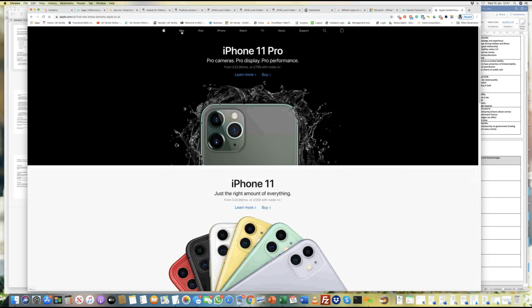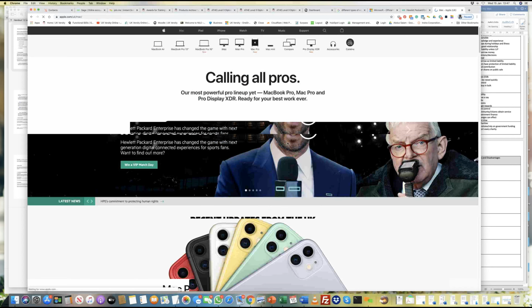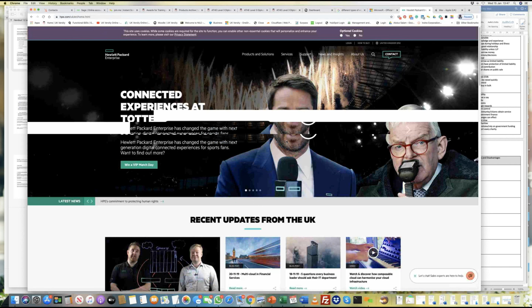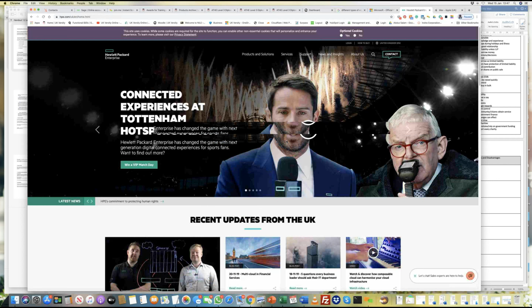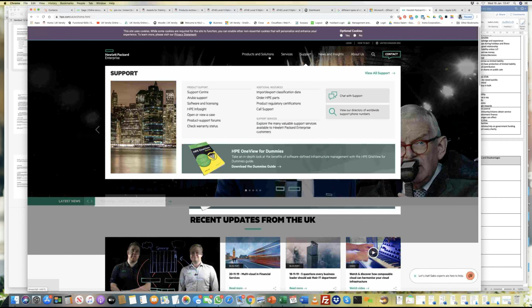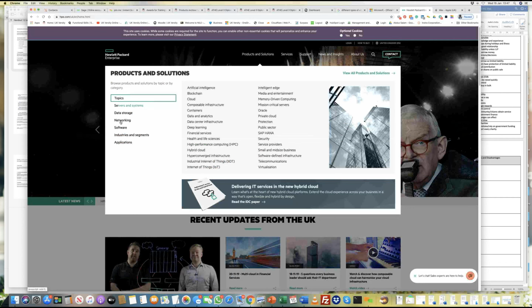Now, if I go to Hewlett-Packard, you would generally see that they are organized in the form of a matrix organization. They have products and solutions, services, and support, and with that they have solutions primarily for end users, enterprises, and companies. They structure their go-to-market by looking at the individual services they provide.